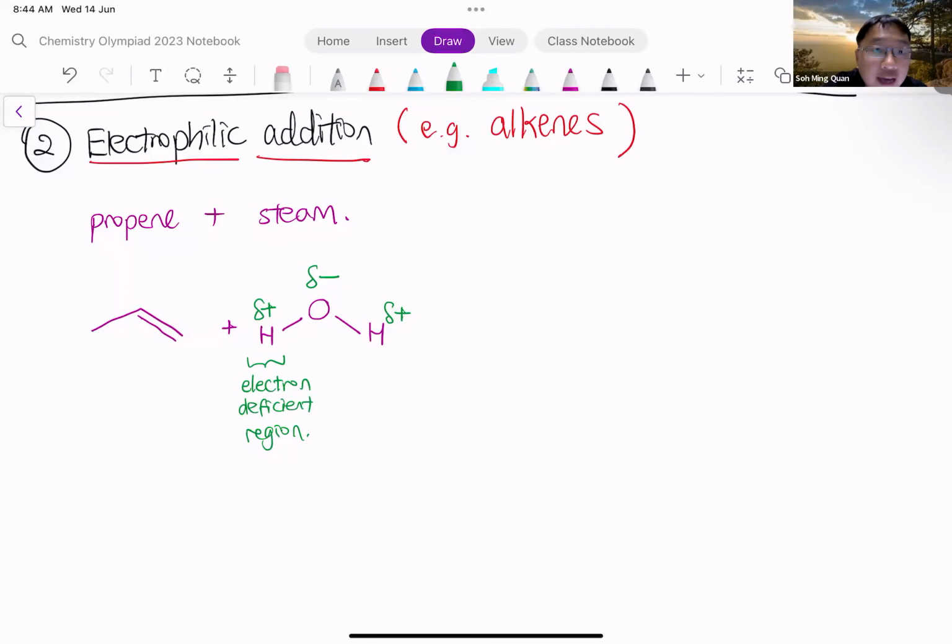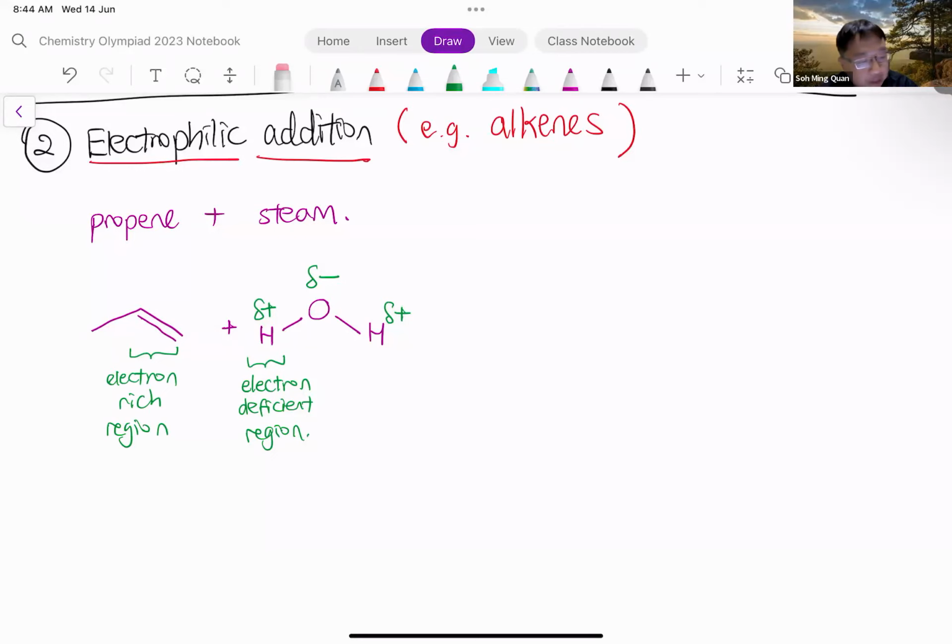The delta plus hydrogen is an electron deficient region. On the other hand, the carbon-carbon double bond is an electron rich region. The double bond is electron rich because it has 2 pairs of shared electrons, or 4 electrons in total.